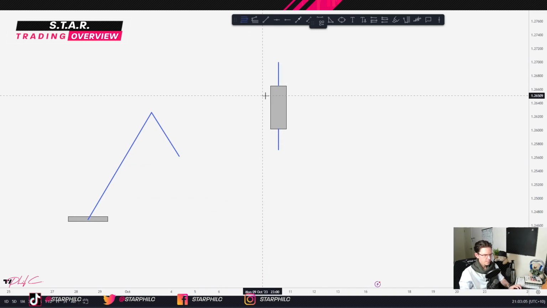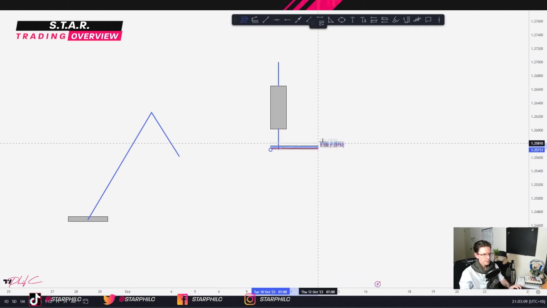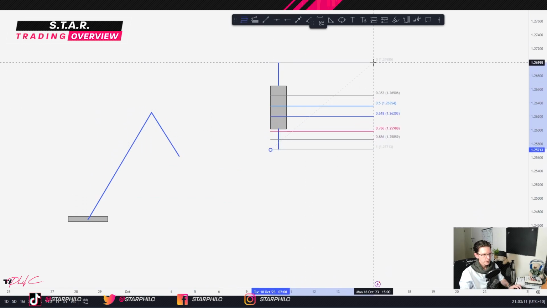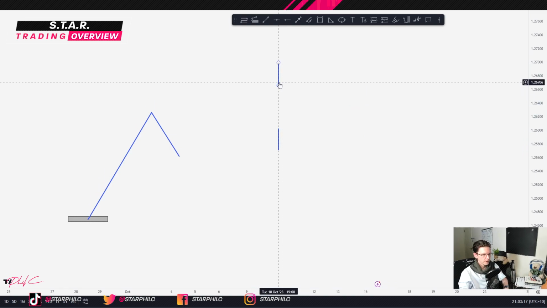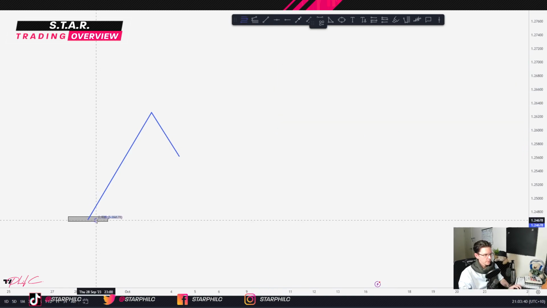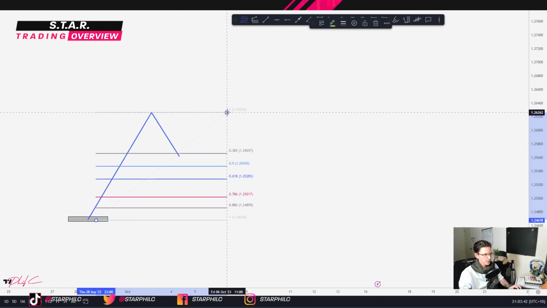We go from the wick of the swing low to the swing high of this wick, right? That's how you do it properly. So Fibonacci retracement, swing low to swing high.